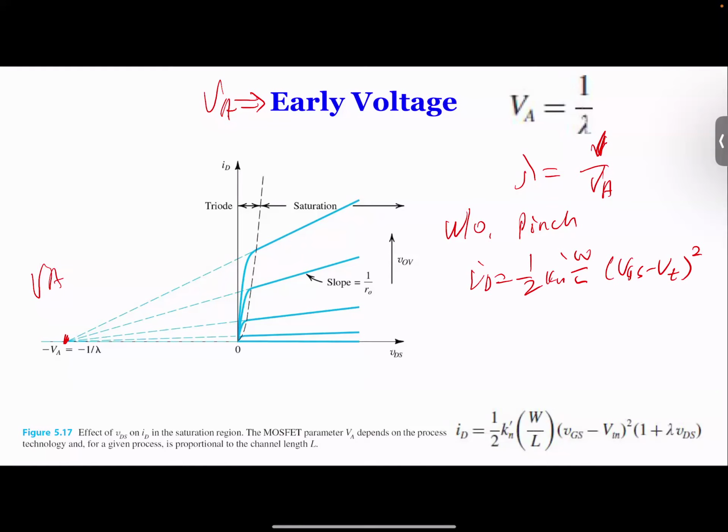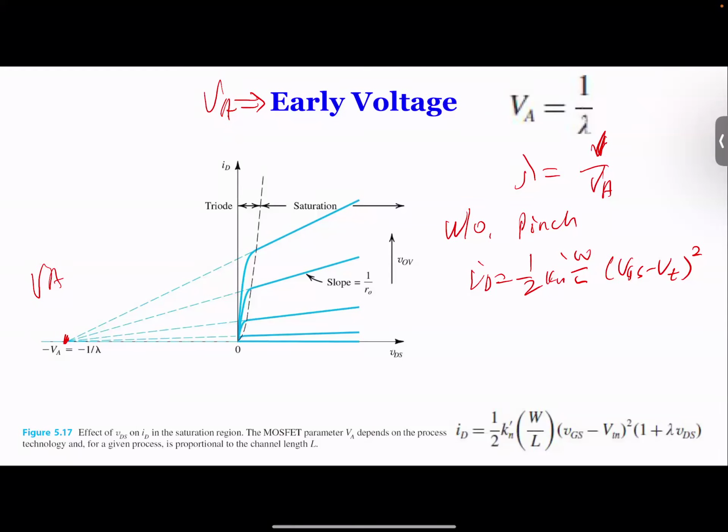How much increase? It's proportional to two things. One is lambda, the other one is VDS. If you change lambda to be 1/VA, it becomes VDS over VA.